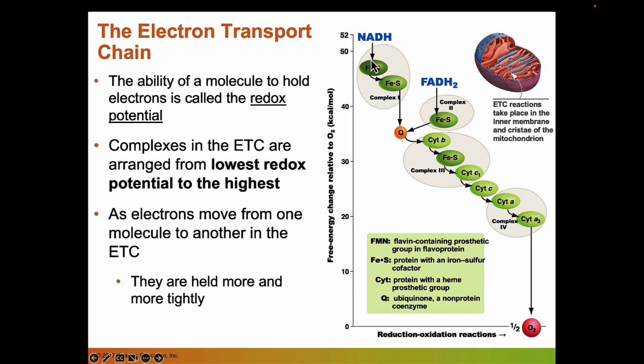If you transfer electrons slowly to molecules with higher and higher redox potential, this is going to release energy because the electrons are held more and more tightly. So you can see that free energy becomes negative as electrons move through the electron transport chain.